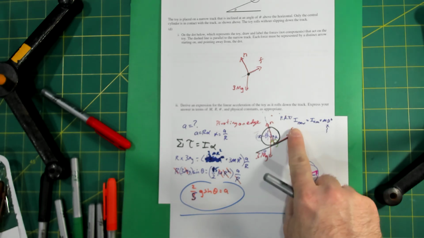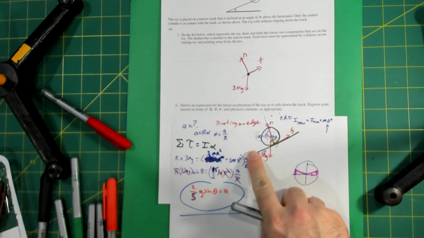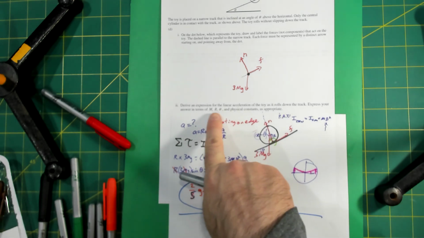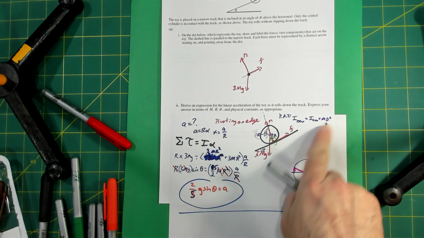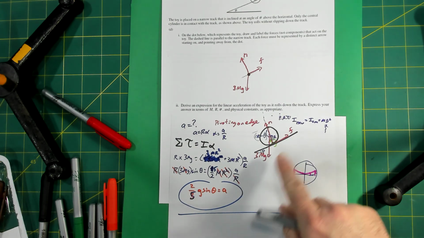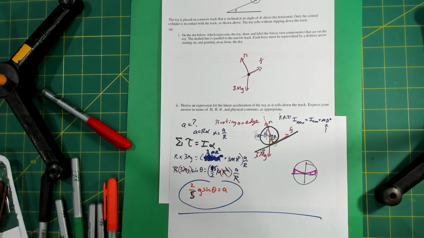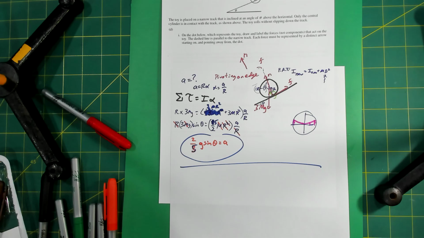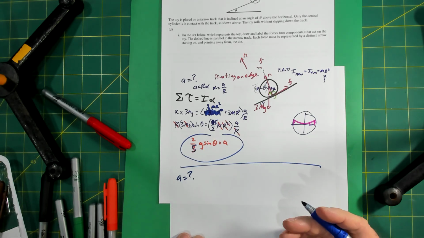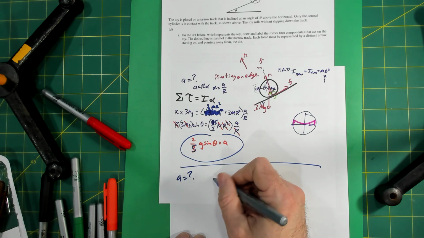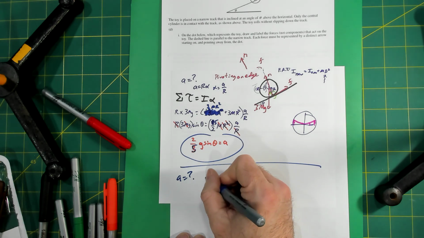Now we're trying to find the acceleration of it just in general as it rolls down the hill. And like I was saying, the fact that they're just asking for the linear acceleration as it rolls along, and not at a particular point, means that acceleration is going to be constant. And if the acceleration is constant, then I can use kinematics.